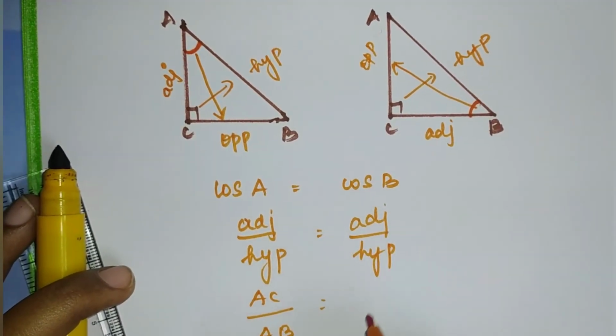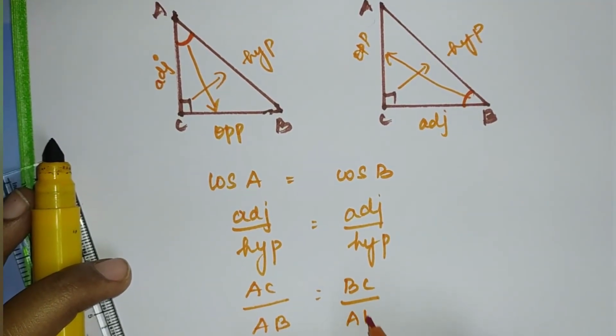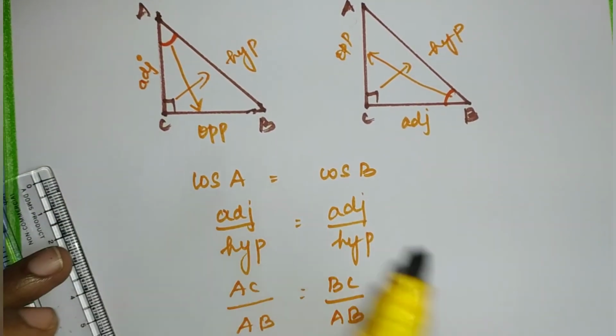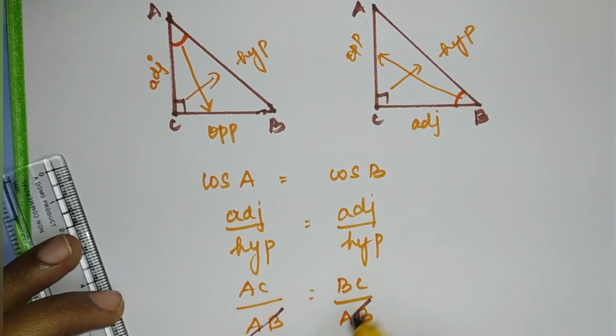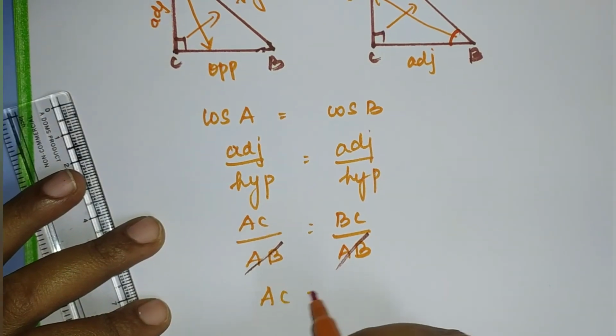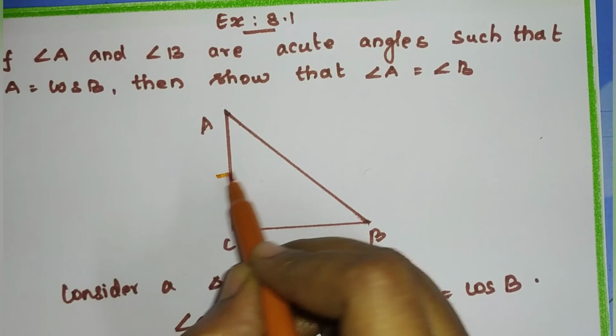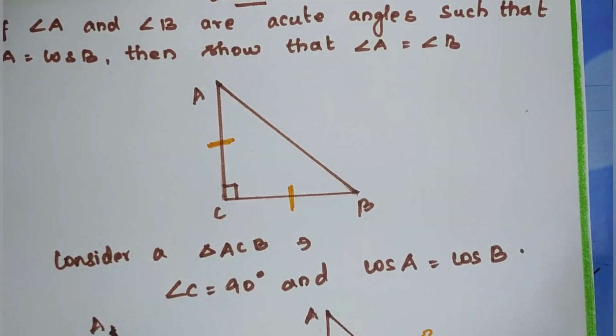Here adjacent is BC, divided by hypotenuse AB. Here you can cancel AB, both are same. So the remaining is AC is equal to BC. So we found that AC is equal to BC.